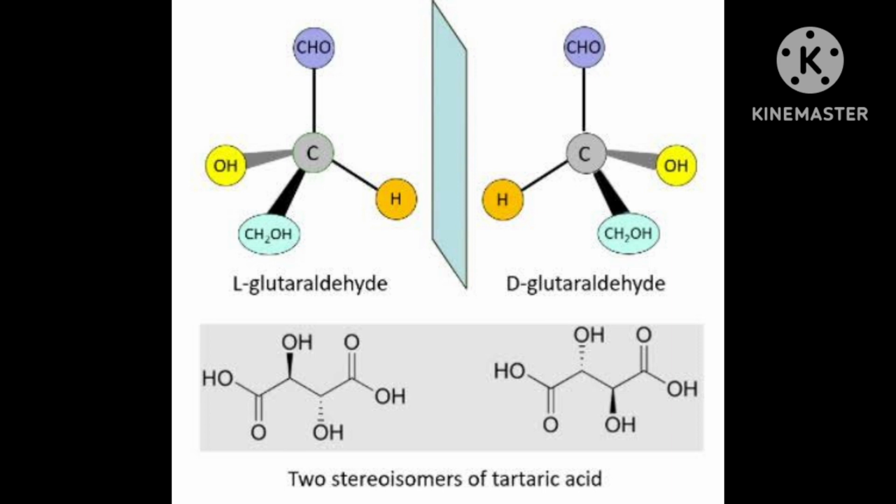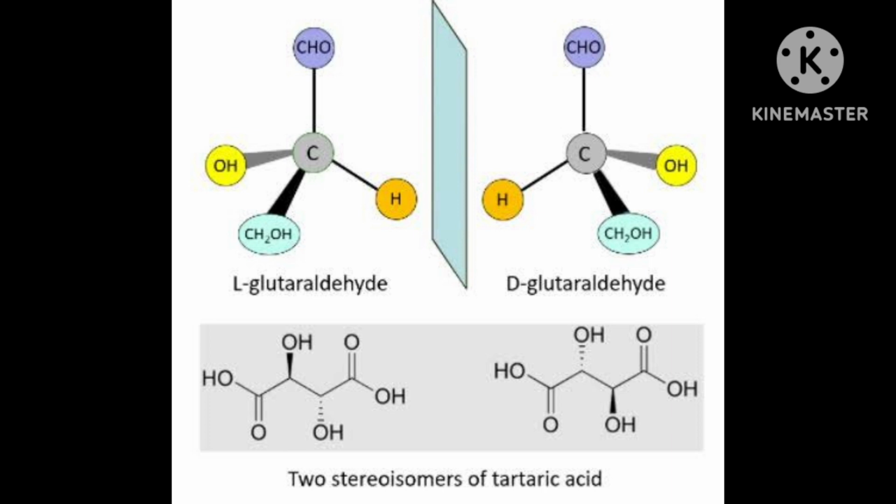Carbon number 3 and 4, dimethyl. Long chain you have considered, then you have to write 1, 2, 3, 4, a straight line of 4 like that. Long chain means the long chain you are considering. If you consider the long chain, then you will get a methyl group on carbon number 3 and carbon number 4.